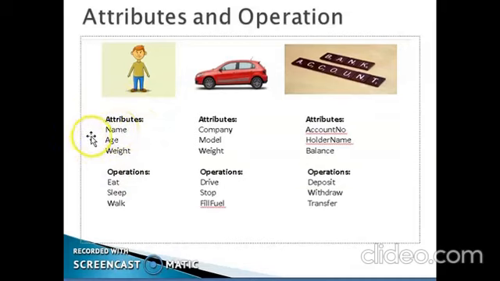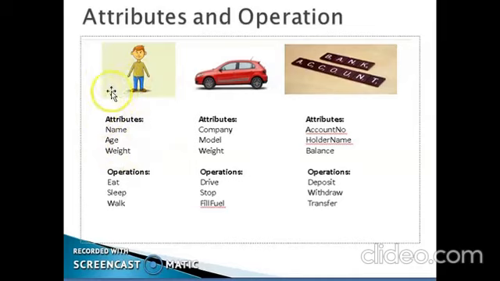The attributes of the person are name, age and weight. A person has a name, an age, a date of birth, a height and weight. These are all features or attributes of a person. Technically they are called data members of the person class.